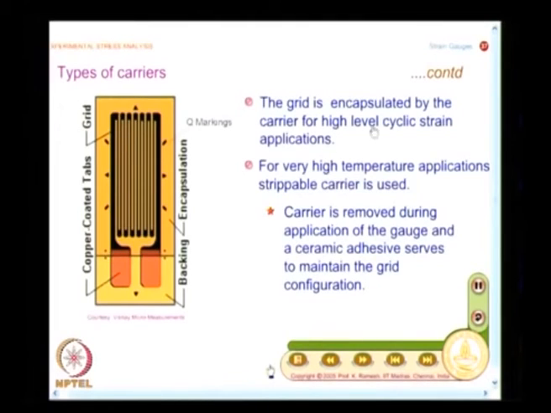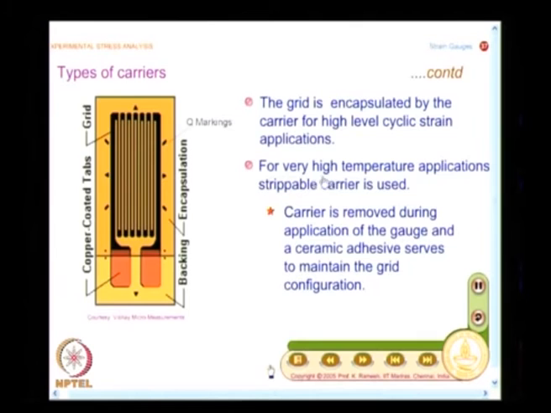That is why I said in strain gauge instrumentation, keep looking at how you handle thermal effects. So, when I go for encapsulation, I must make special provision for dissipating the heat also. You use this for high level cyclic strain application, and ensure that undue thermal strains are not developed.